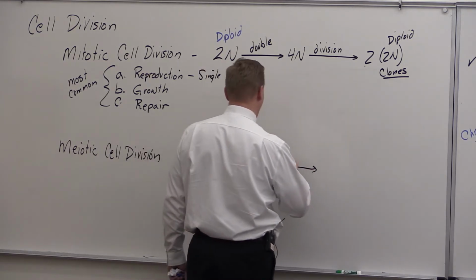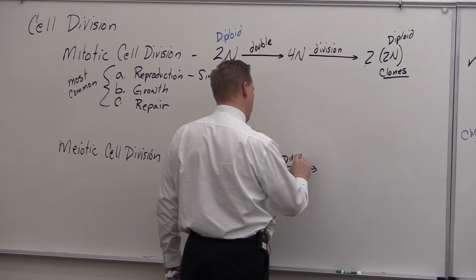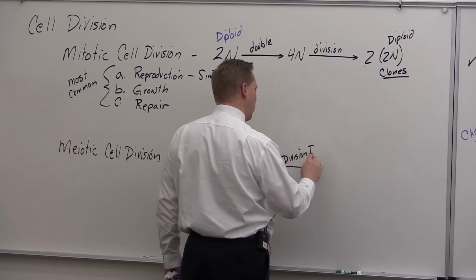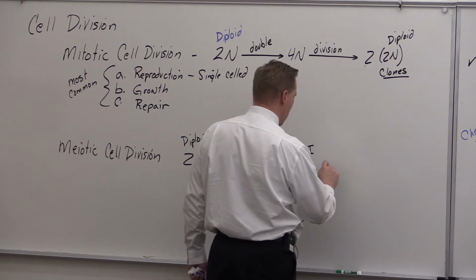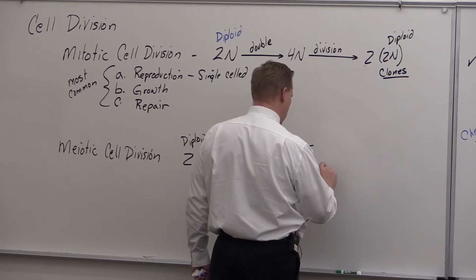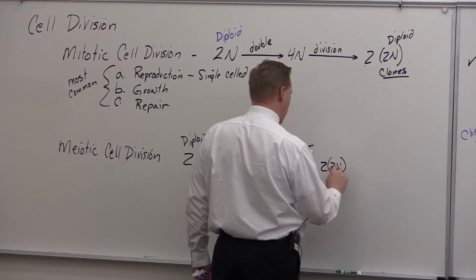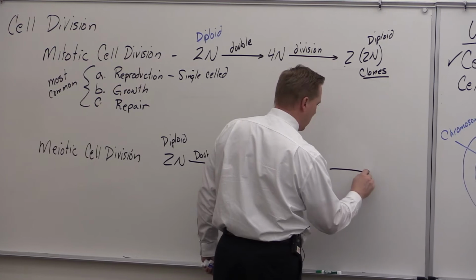We do go through a division, but we're going to call this division 1. And we're going to end up with 2 cells that are 2N, kind of similar.